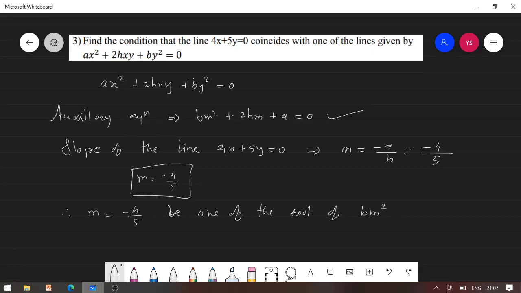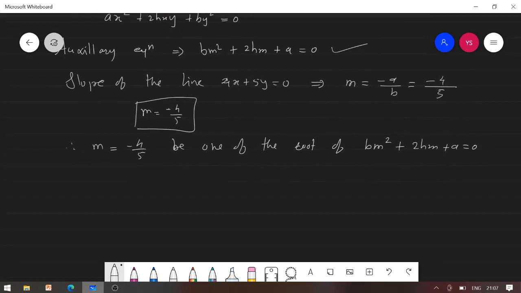We have bm square plus 2hm plus a equals 0. Now replace m by minus 4 by 5. We get b times minus 4 by 5 the whole square plus twice h times minus 4 by 5 plus a equals 0.